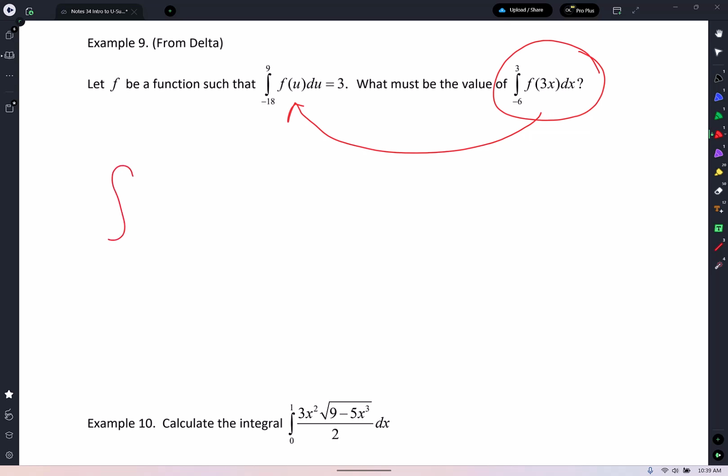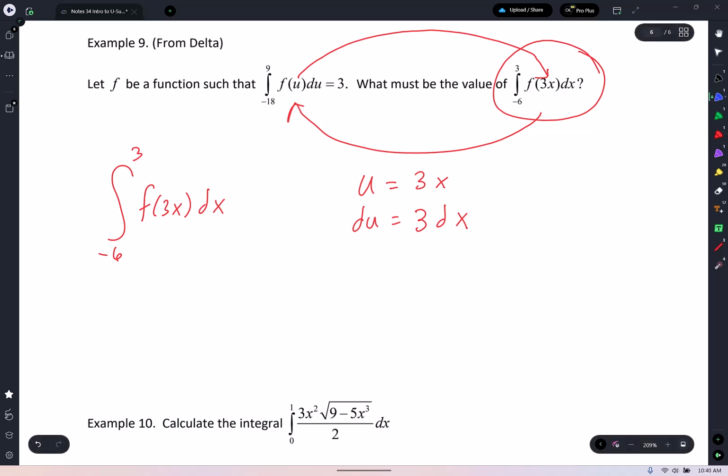So I'm going to go integral from -6 to 3 of f of 3x dx. They're telling me what my u is, kind of. I'm going to come to the side and say u equals 3x, so du equals 3 dx. Have I freaked anyone out?